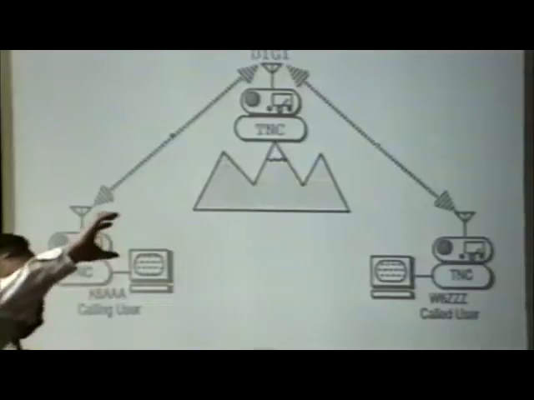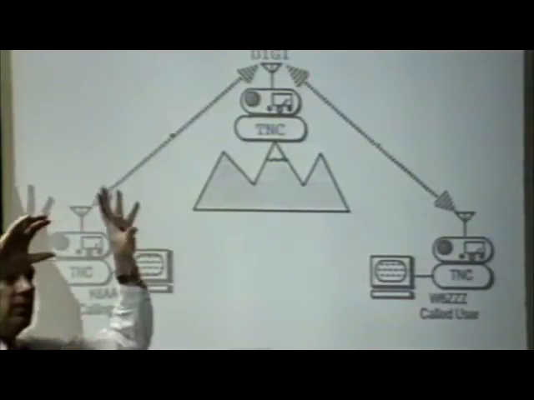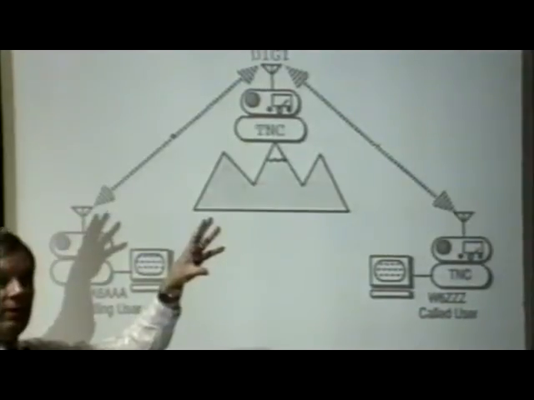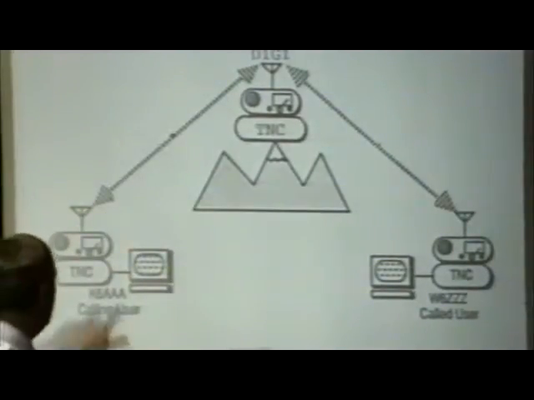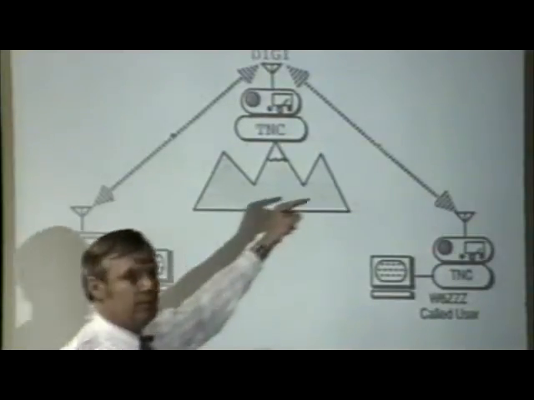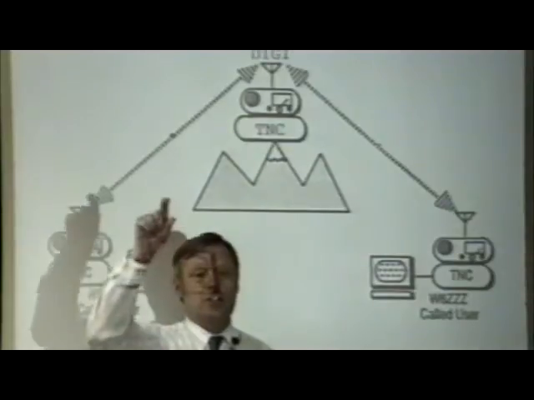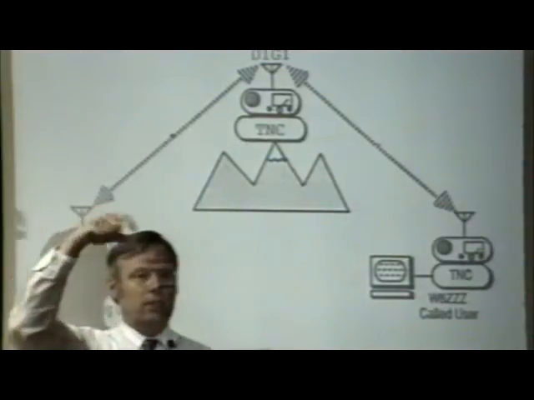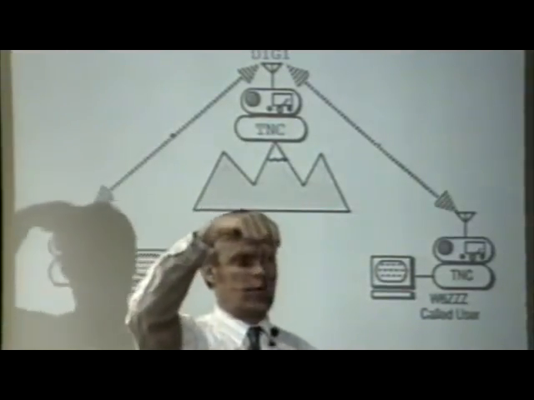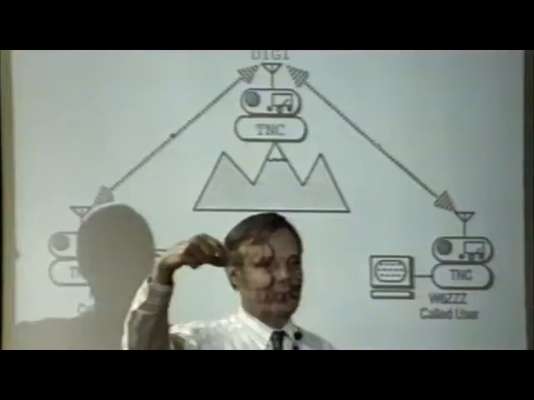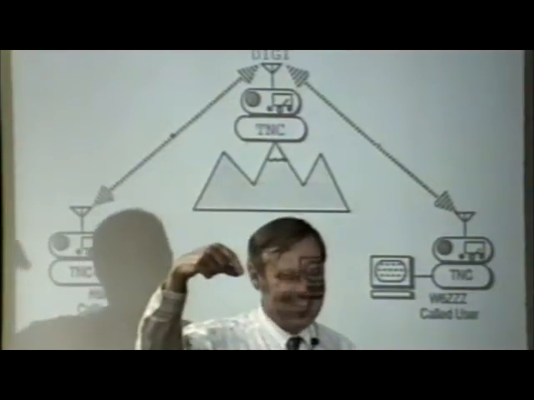That sends out the SABM that has, remember we talked about the source address, the destination address, and the via address. This TNC is going to send the packet out. This digi up here is going to see that his call sign is in the via address. And remember, about 3 years ago, we talked about the has been repeated bit.